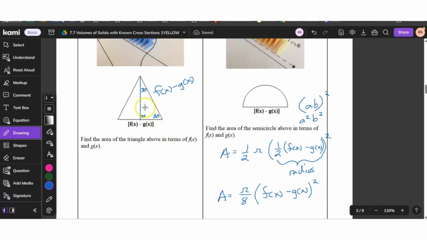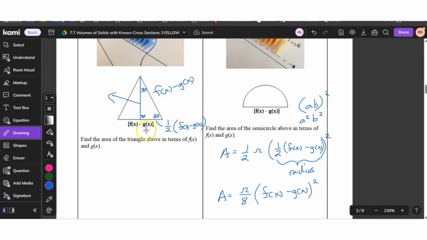Okay. So in order to figure out what this thing is then, what I would need to do is use the fact that on that special triangle, okay, well, actually, before I do that, let's talk about this. This piece here is going to be 1/2 times f of x minus g of x, right? Hopefully we can all see that part because it's half of the base. Okay, good.